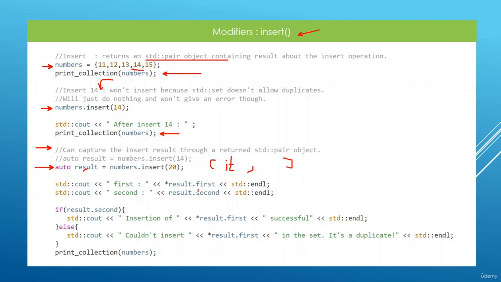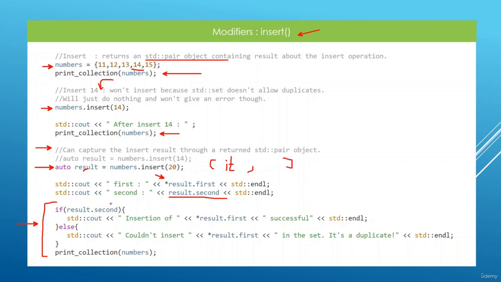If we go down and print, we're going to see that result.first is going to be an iterator. We can dereference it if the addition was successful, and we can get whether the insertion was successful or a failure in the second position here. This is going to be either true or false. With this, we can do a check like this to know whether our insertion was good.